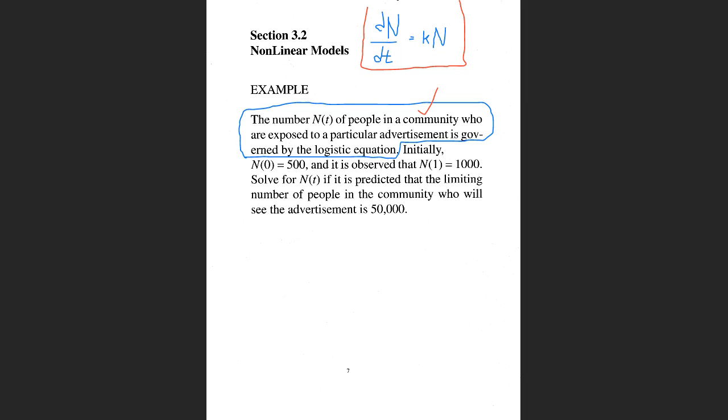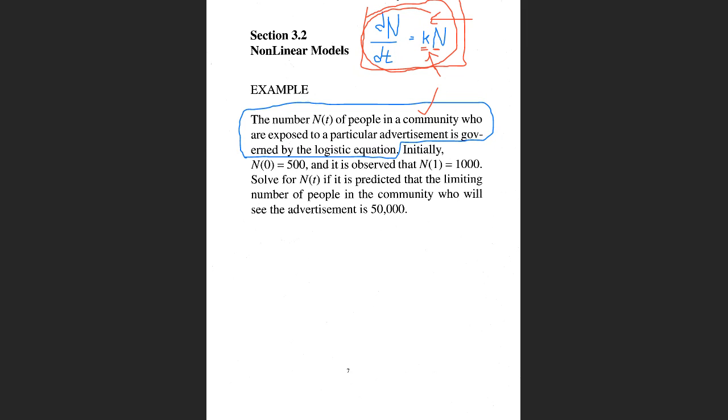Why not, Matthew? What does this differential equation, dN/dt equals kN, model? Well, do you remember what the solution is? What we're saying here is that the rate of growth is proportional to the number of people who have seen the advertisement.